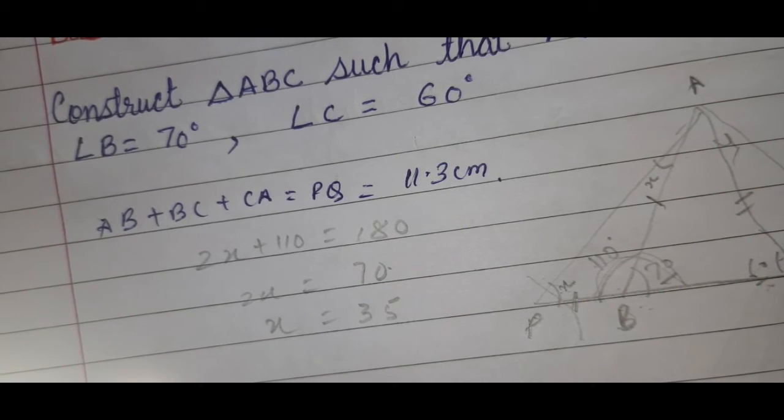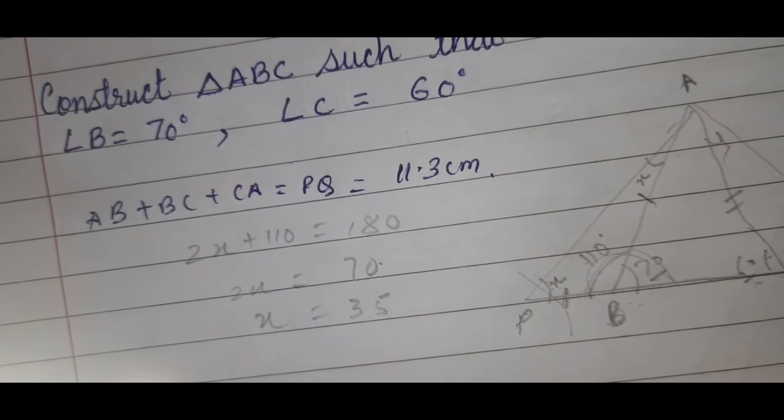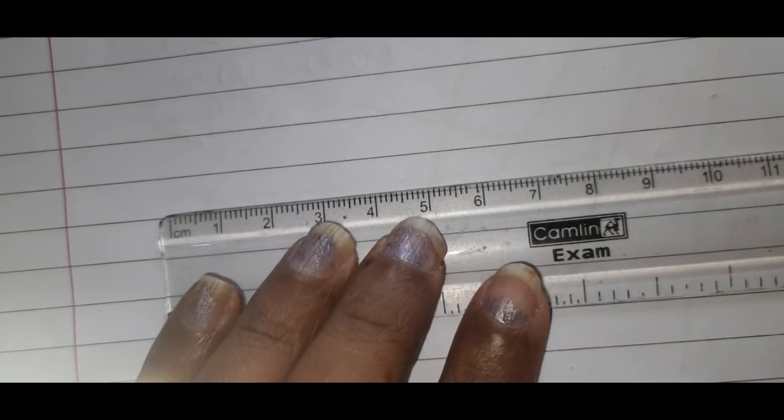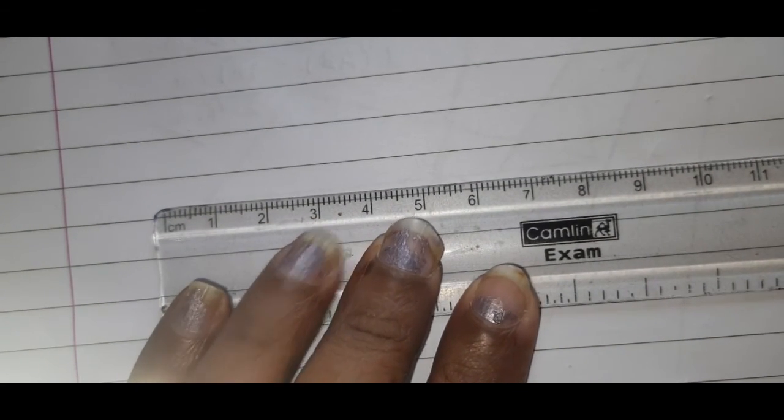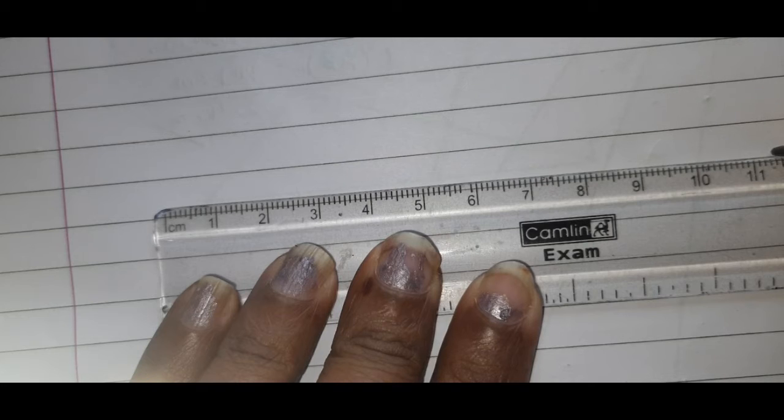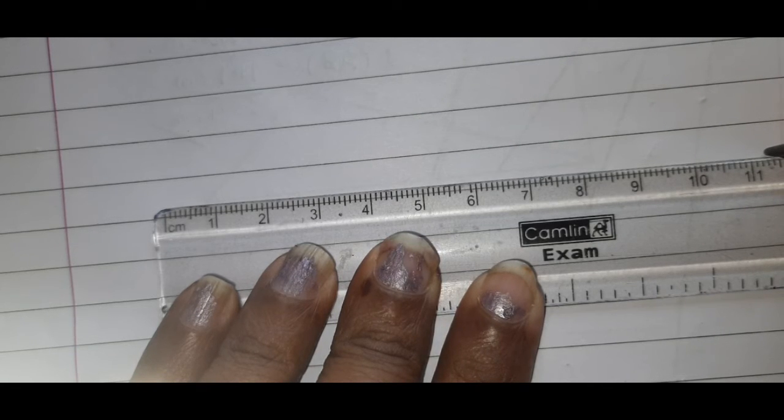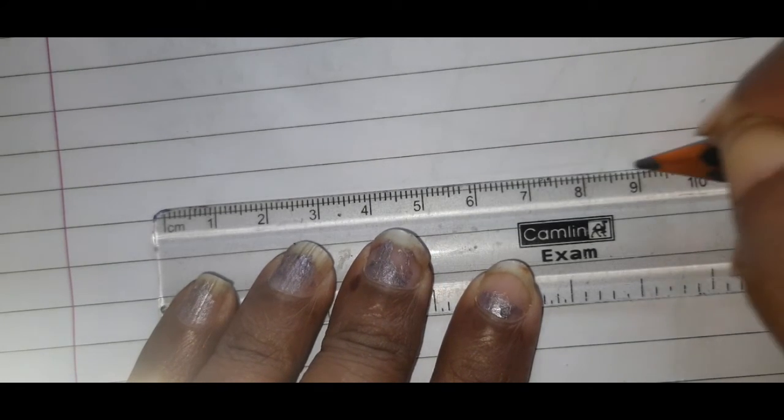Now here the base we have to draw, that is 11.3 centimeter. So 11.3 centimeter, 11 and 3. So this is 11.3 centimeter. This is PQ.